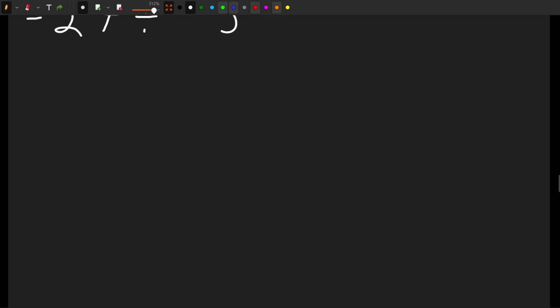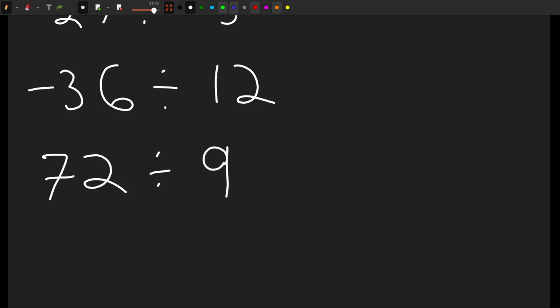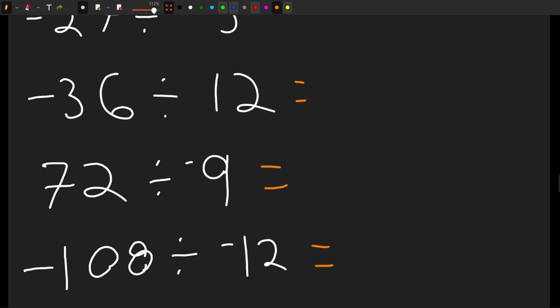And then the last few problems here, we will have negative 36 divided by 12. And then we will have 72 divided by, actually, negative 9, sorry. And then we will have negative 108 divided by negative 12. And this time, I think I'm going to switch. Let's use the orange. I'm going to make the equal sign this orange color, so that way it stands out just a little bit more.